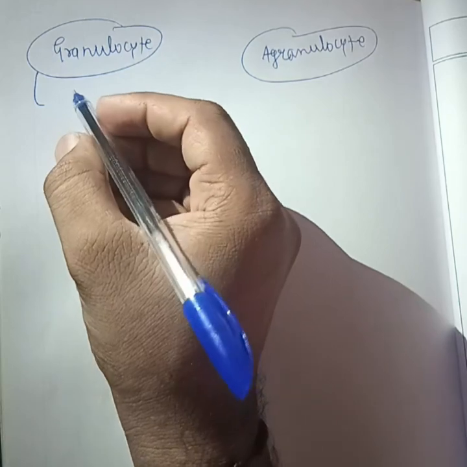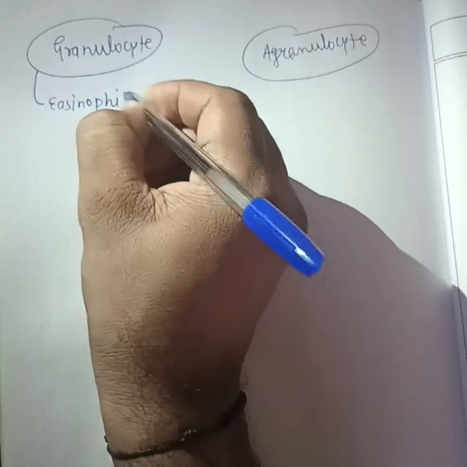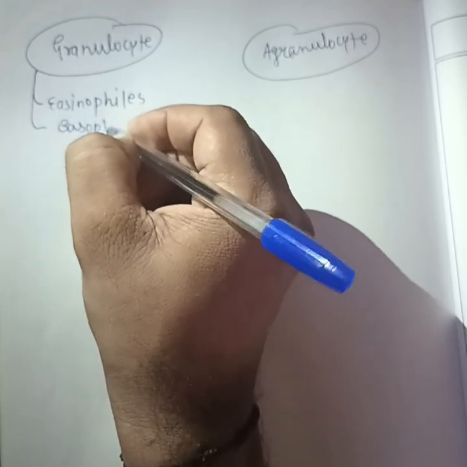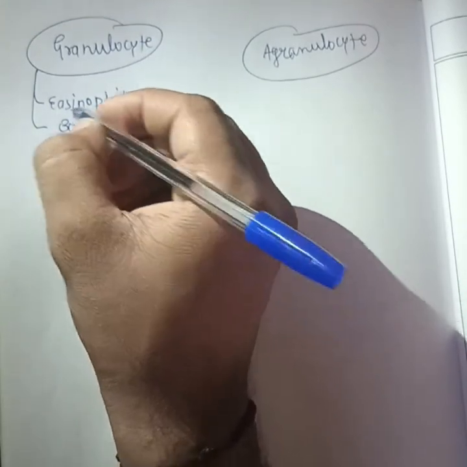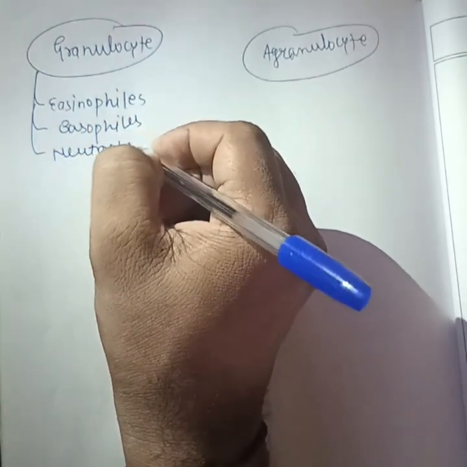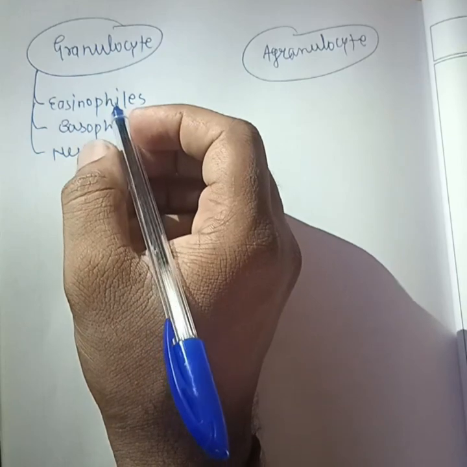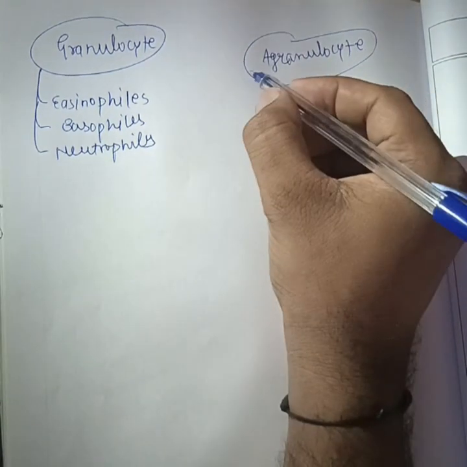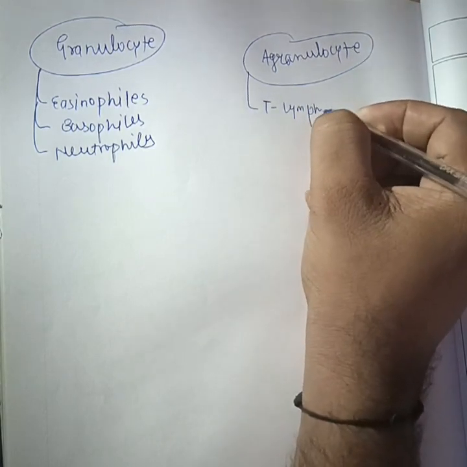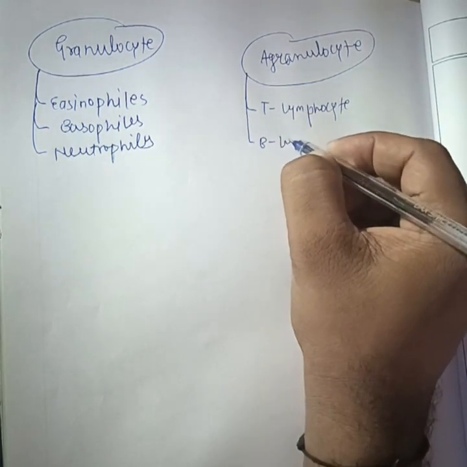In the granulocyte section, we have the eosinophils, basophils, and neutrophils, whereas the agranulocytes contain the T lymphocyte and B lymphocyte.